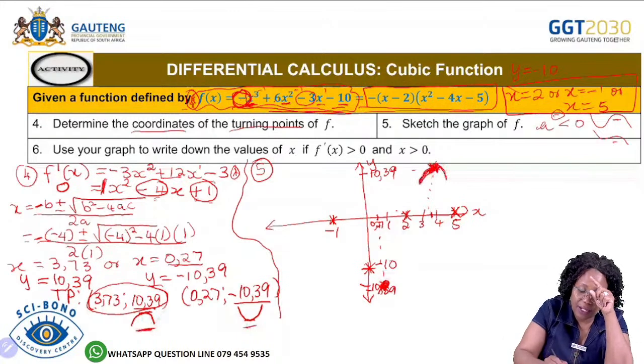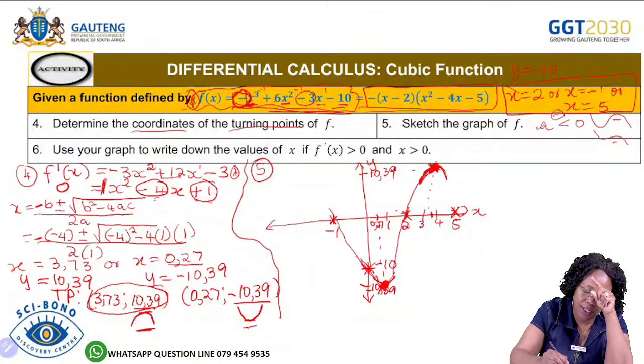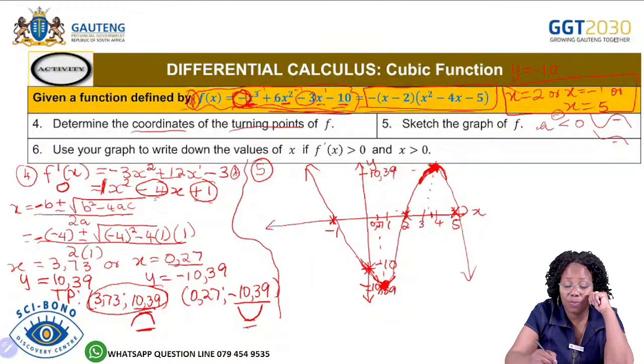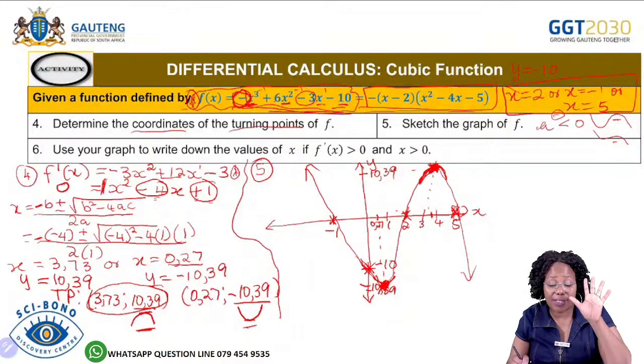And then -10, that is the minimum there. Then you can just join. This must pass through 2 and come to that one, going up there, passing through -10, cutting at -1, and then it will go through 5 there. Then this is the expected graph of that cubic function. Okay, that is the correct sketching.